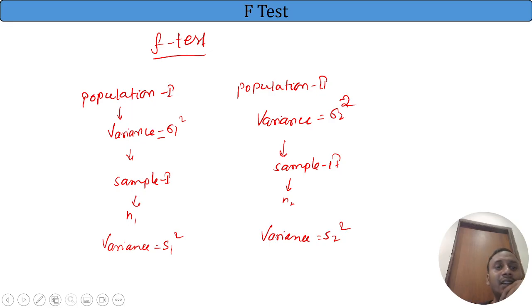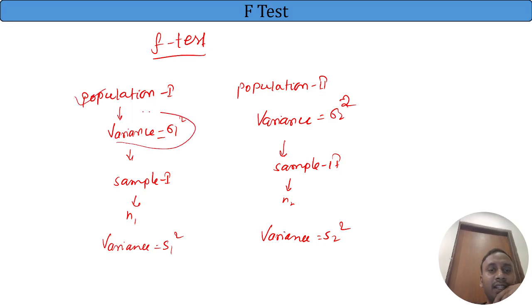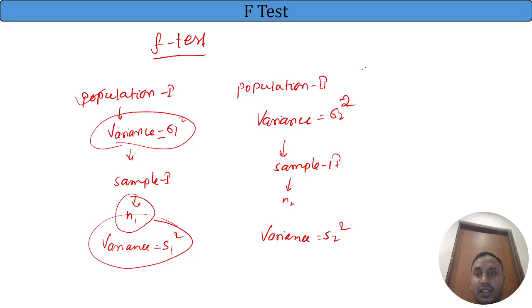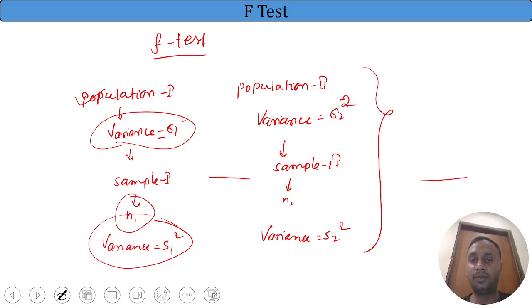So the F test will take population one, with variance sigma one, from which we take sample one, and similarly from population two. So for the F test, what is the statistic we have?